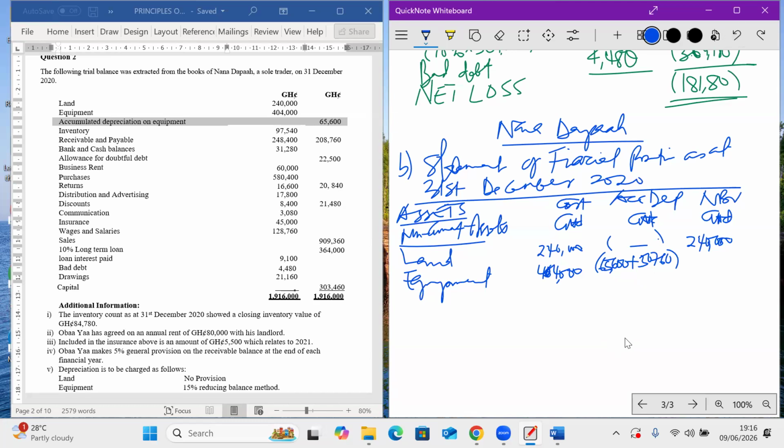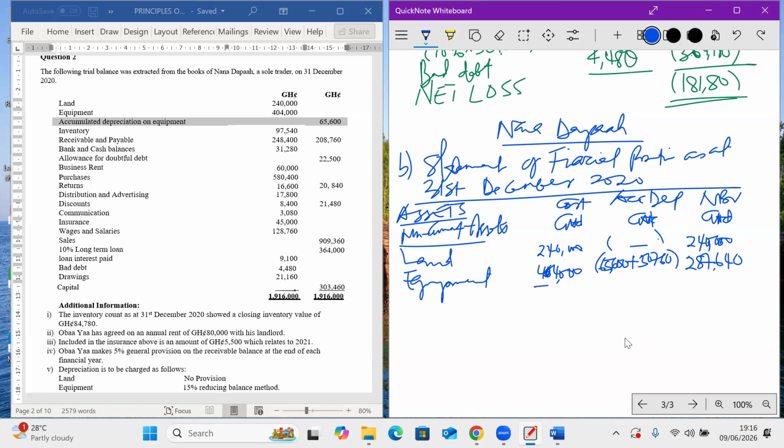What do we have? 287,640. Is that all we have on the assets? Yes. Okay.